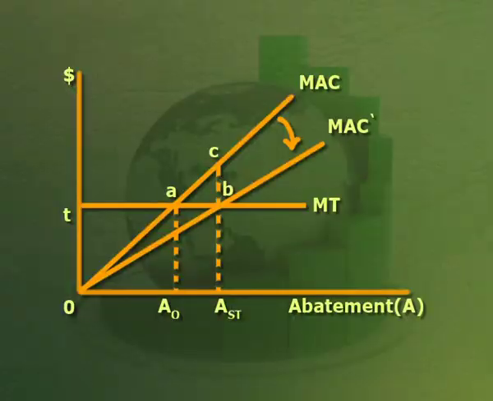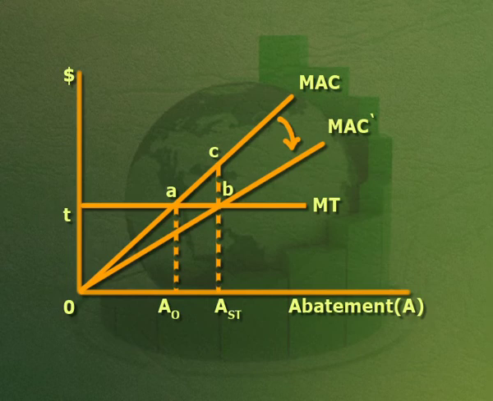More efficient abatement techniques would allow the firm to reduce pollution more cheaply and enjoy the associated cost savings. Furthermore, the lower abatement cost might even allow the firm to avoid paying any emission charge. This can be represented by this diagram. A technological advance causes the MAC curve to shift downward to MAC'.